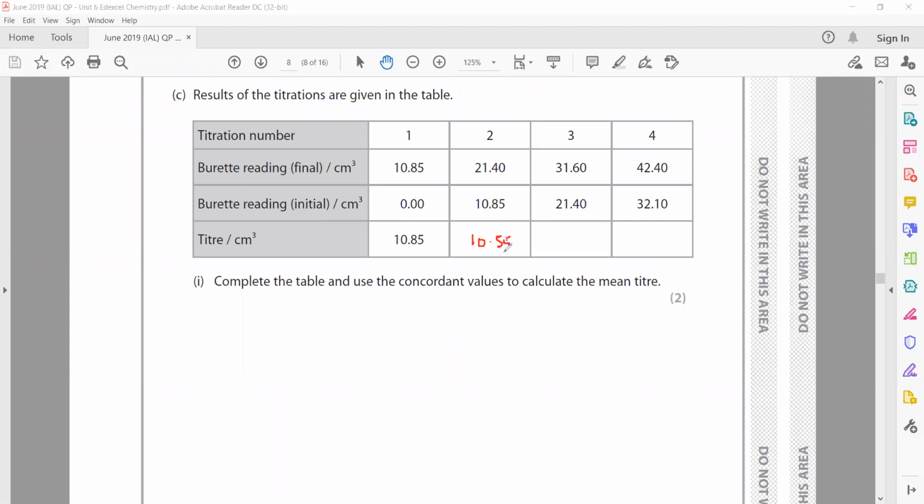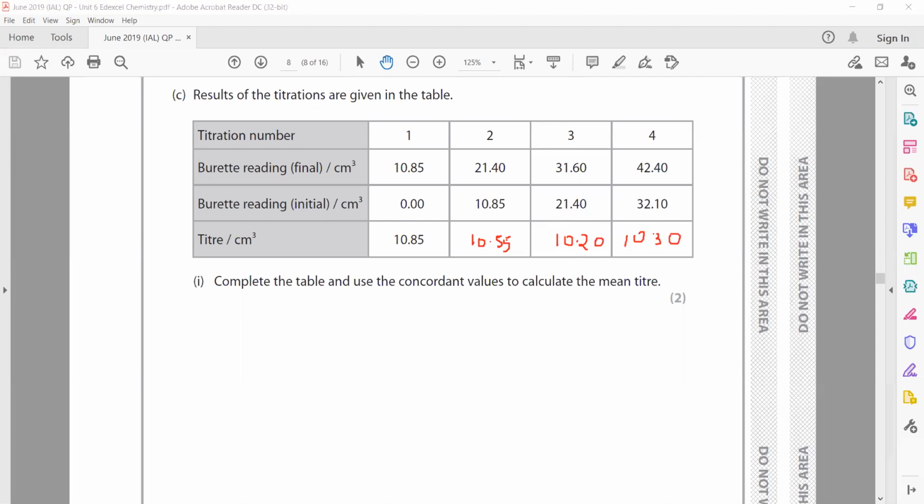Yeah, 10.55 will be there, and 31.6, this will be 10.2, and 42.4 minus 32.10, that will be 10.3. So these are the results.